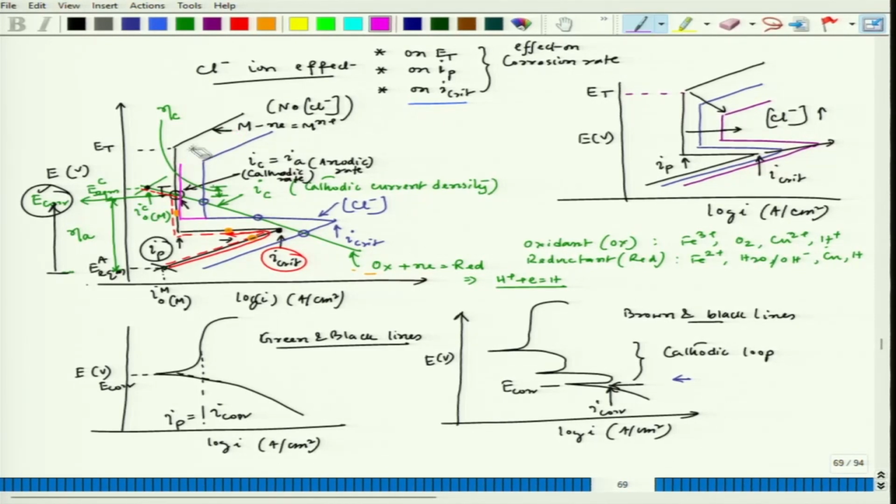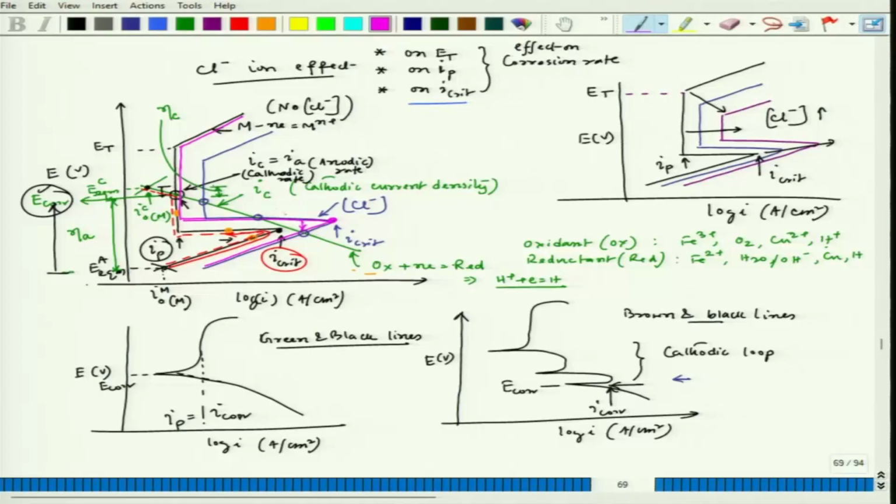Let us say other factors are not changing, ET remains same, IP remains same. The only thing I am seeing is that I critical is going up. So, the plot would be like this. I critical only, the pink line corresponds to only the effect on I critical.